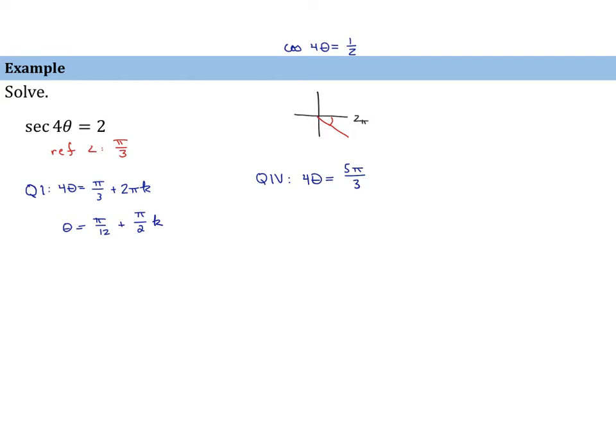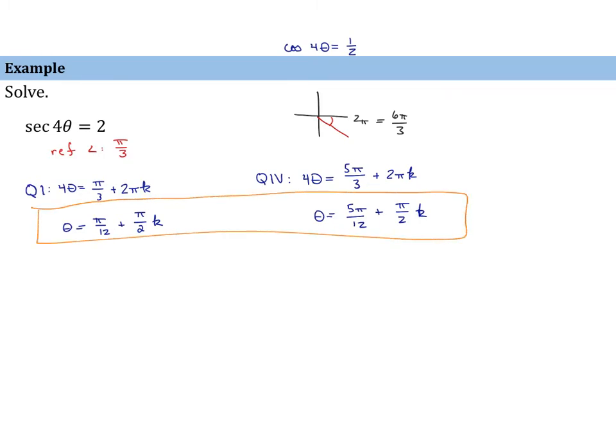So if I remember that 2 pi is what over 3? 6 pi over 3. And then back it up, pi over 3 would be 5 pi over 3. And then I would add to this 2 pi k. So theta equals 5 pi over 12 plus pi over 2 k. And there is your solution for theta.